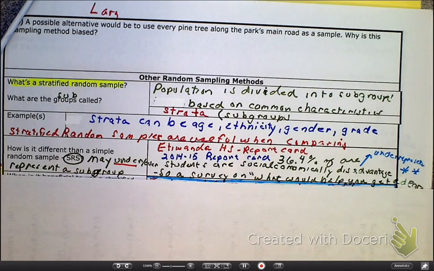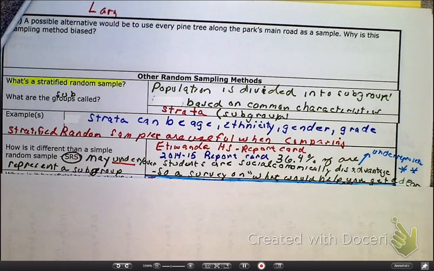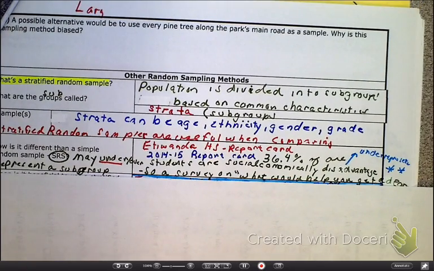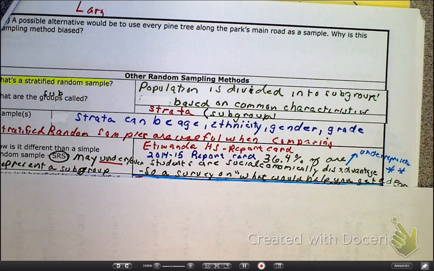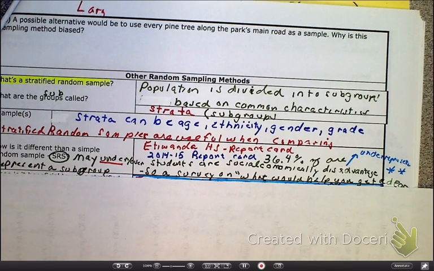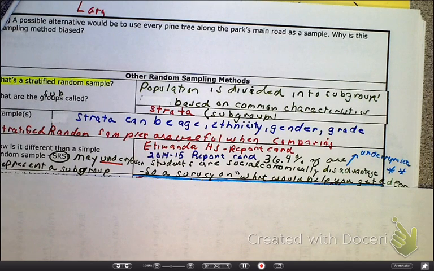My survey would be, do you plan on going to a four-year college? Well, if I just do an SRS, that means that those students are less likely to be represented, because I'm just going to randomly select students, but they're only 36% of the population. Way too big, but that's not my point. Statistically, I'm saying that they're going to be underrepresented.